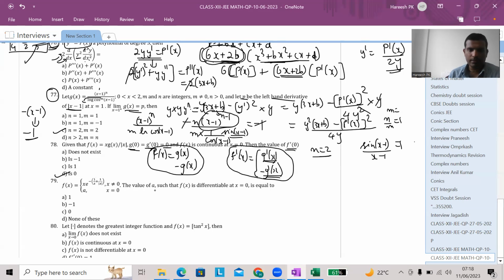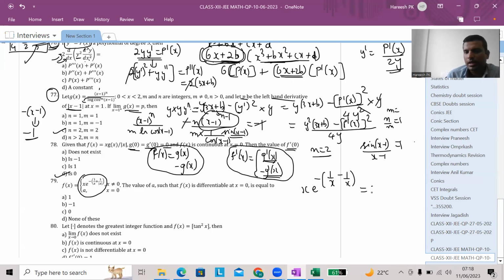The next question again is an easy one. If the function has to be differentiable, firstly, this function must be continuous. So let us evaluate what is the left-hand limit at 0. The left-hand limit will be x e power minus 1 by x minus 1 by x.